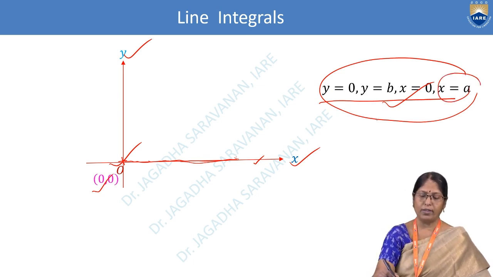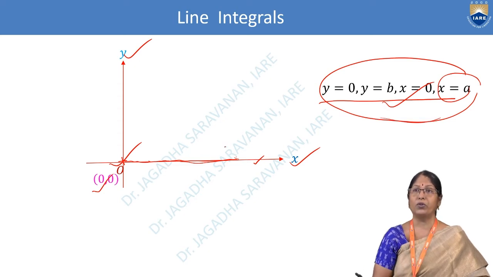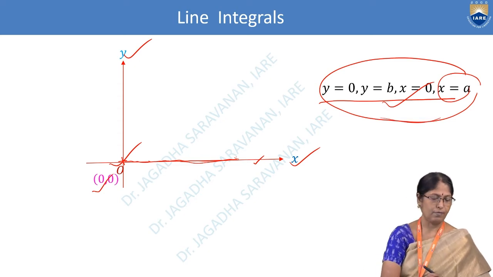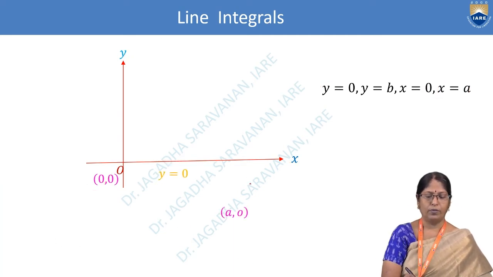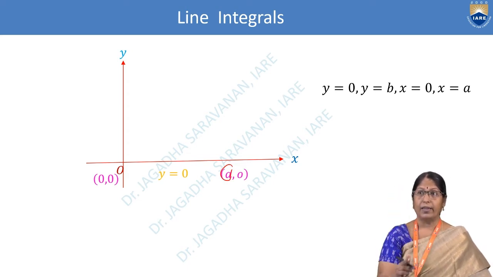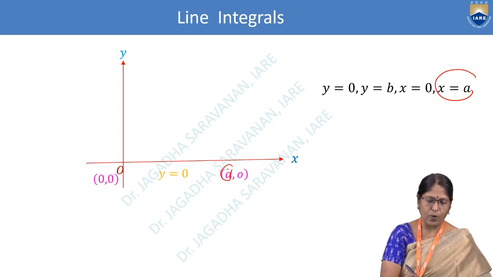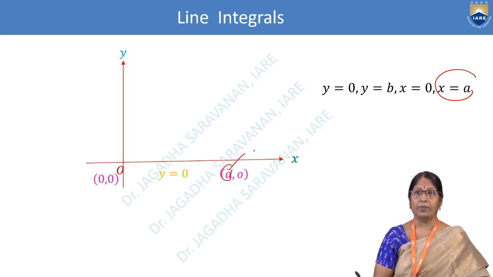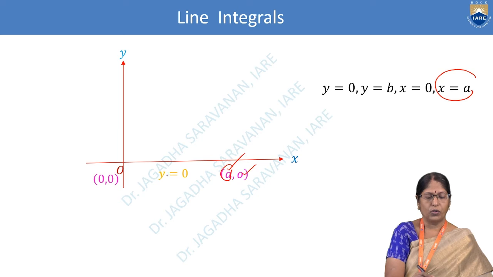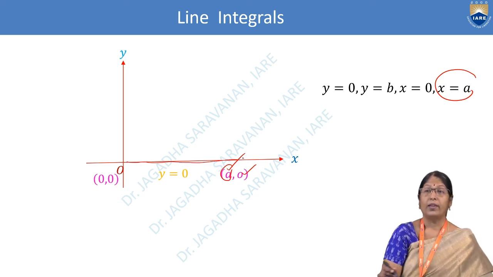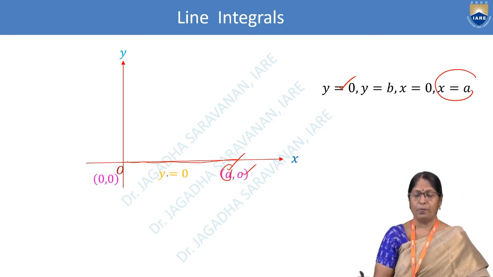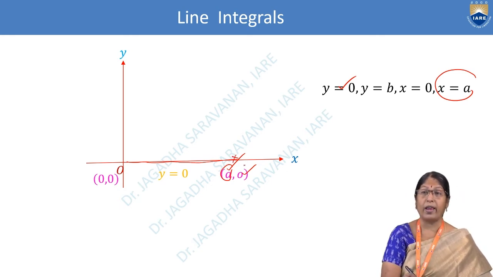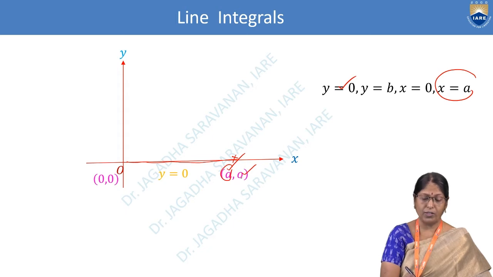So with these limits, we are going to draw the diagram. Here is the point x equal to a. When x equal to a, y equal to 0, because the point A lies on the x-axis, meaning y is 0.